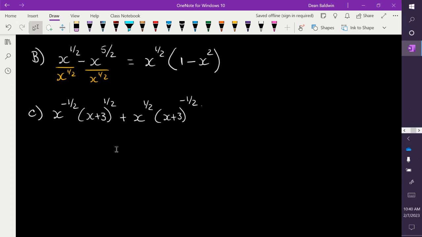So look at the x's first. We have a choice between x to the negative 1/2, x to the positive 1/2. You always take out the smaller exponent. So what am I taking out? Okay. Now you have x plus 3 to the power of a half, x plus 3 to the power of negative a half. What are you pulling out? What are you factoring out, I guess I should say? Negative a half, right?